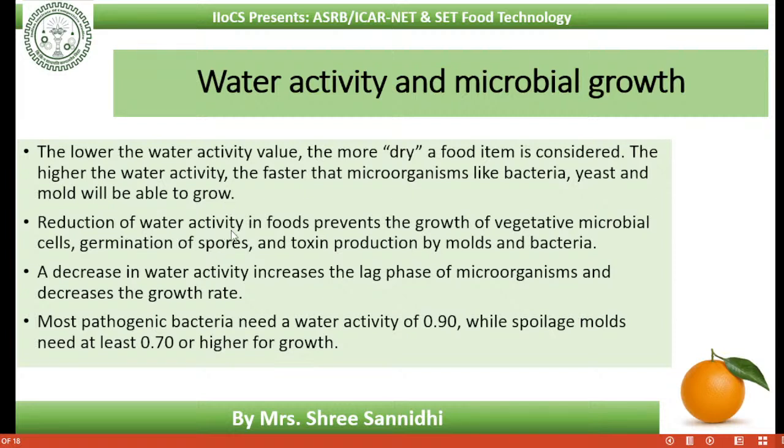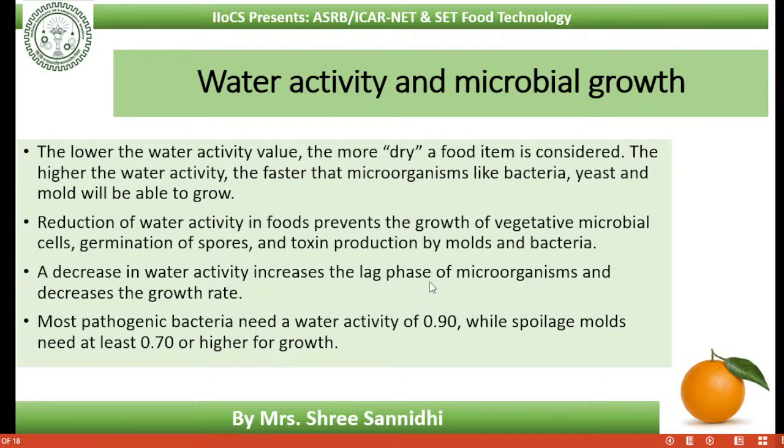Reduction of water activity in foods prevents the growth of vegetative microbial cells, germination of spores and toxin production by molds and bacteria. A decrease in water activity increases the lag phase of microorganisms.